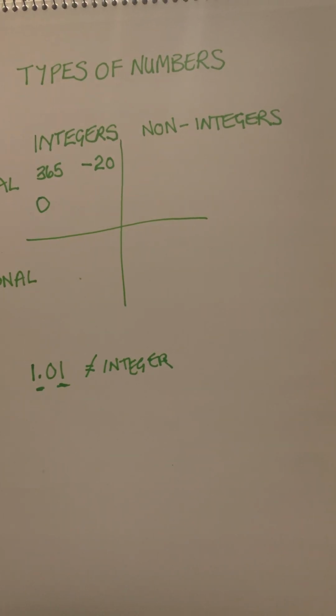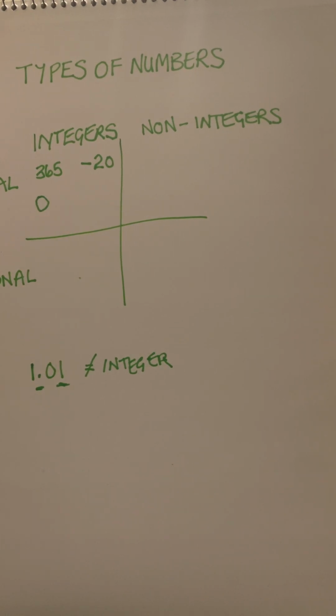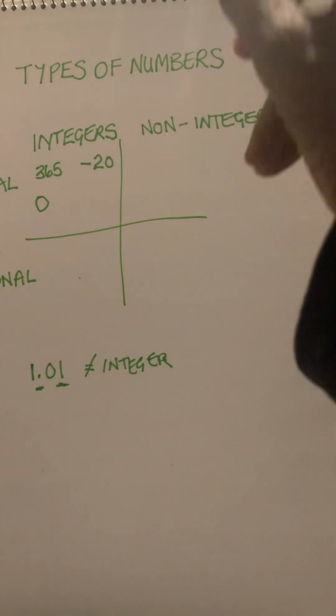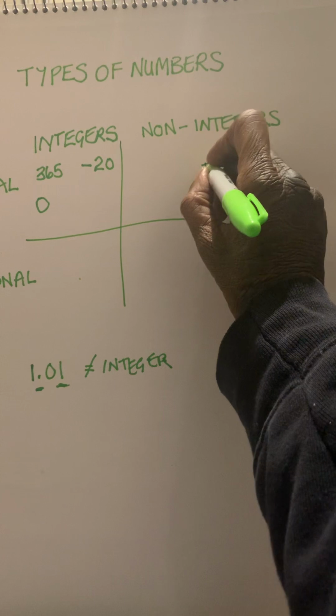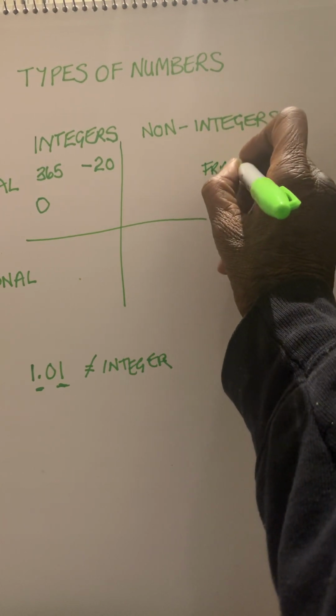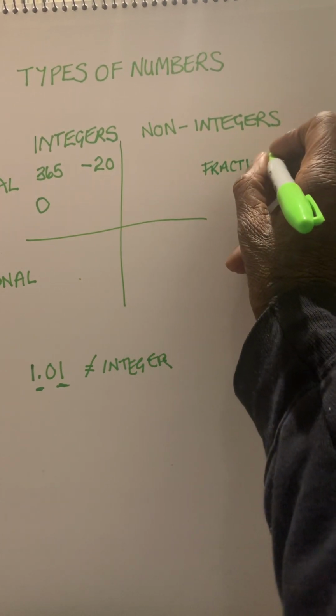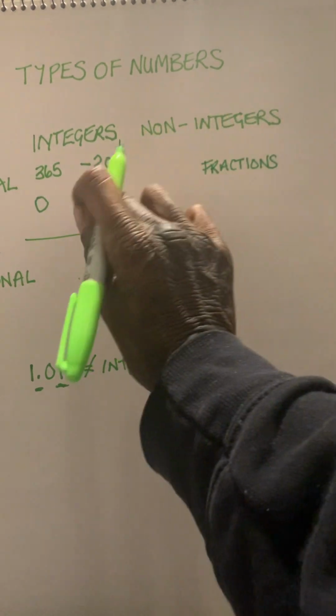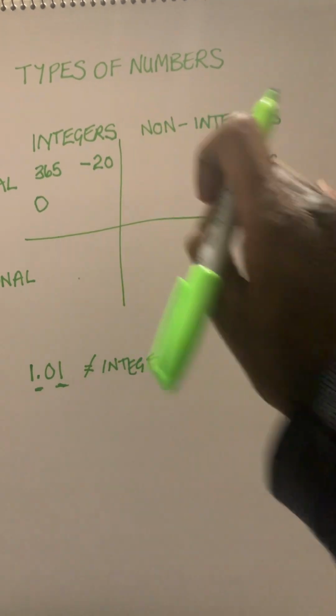Okay, so non-integers, this is where it gets interesting. Yum, yum, yum. Non-integers are fractions. Fractions can go in here, and also some other things can go in here. So fractions, they're rational numbers.